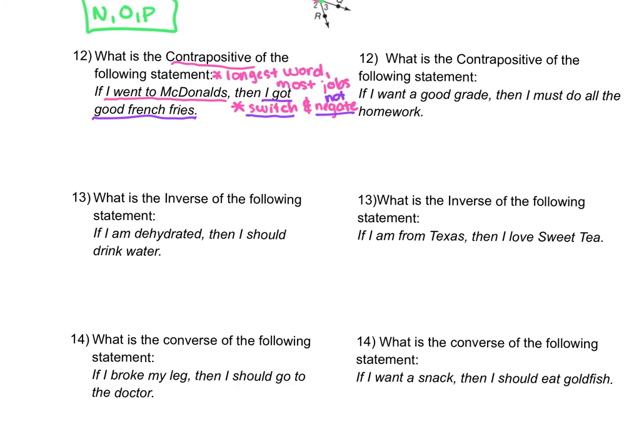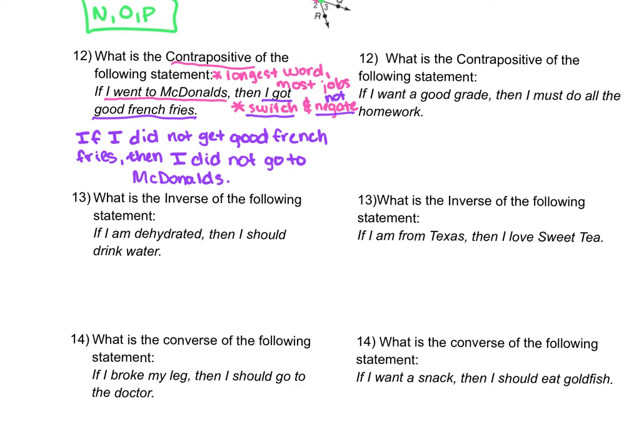But our if and our then are going to stay in the same spot. So we have if I did not get good French fries, then I did not go to McDonald's. All right, so we switched the 2 statements, the hypothesis and the conclusion, or the P and the Q, and then we negated by adding the word not to both.